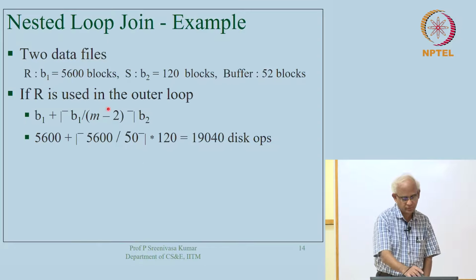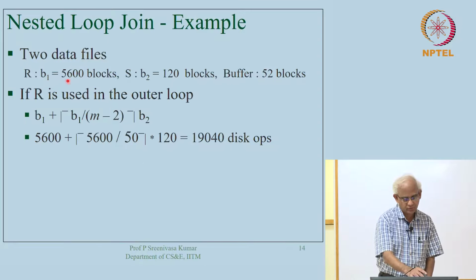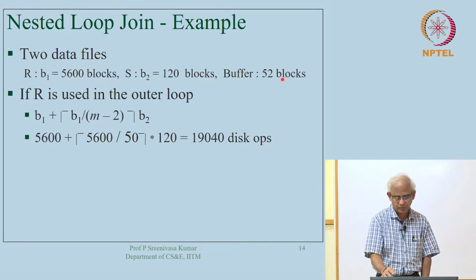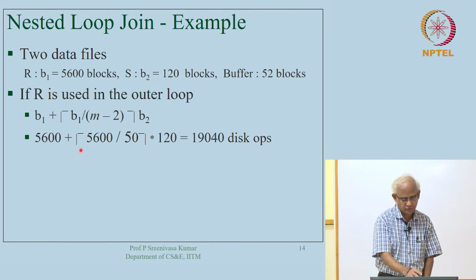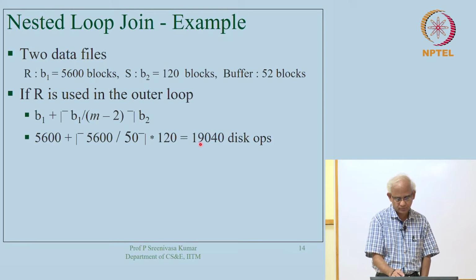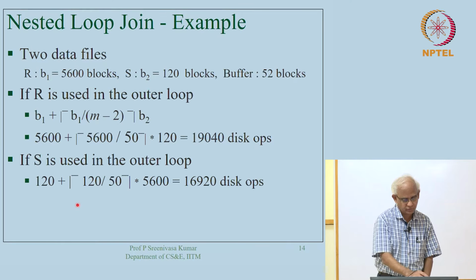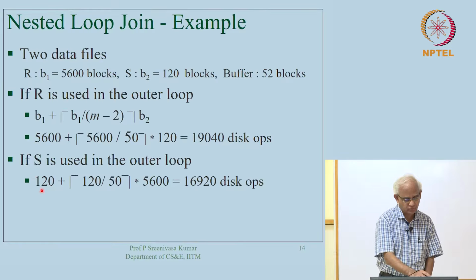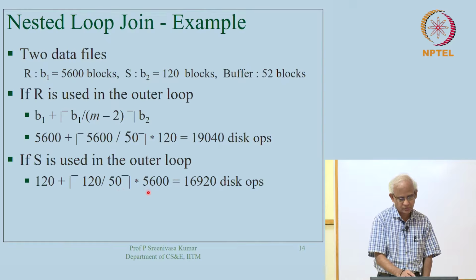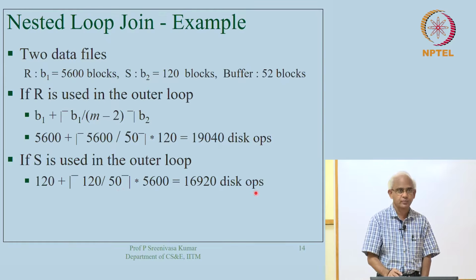So, here we have B1 with 5600 blocks and B2 with 120 blocks, and the buffer has some 52 blocks. Then if you substitute into these expressions, you will get this many disk accesses, or if you take S in the outer loop, then 120 plus 120 by 50 times 5600, so that many disk operations.